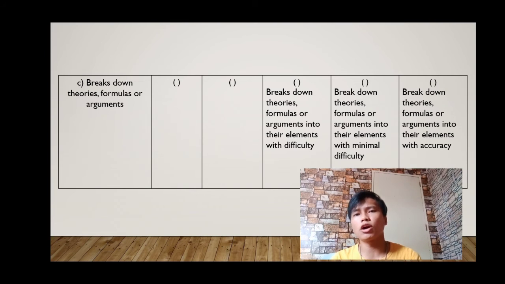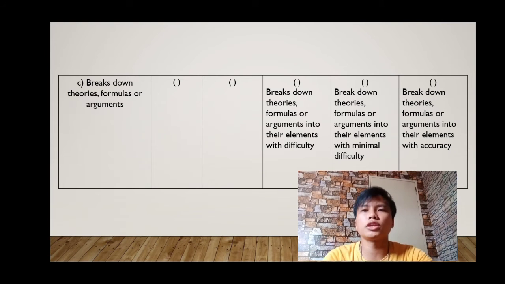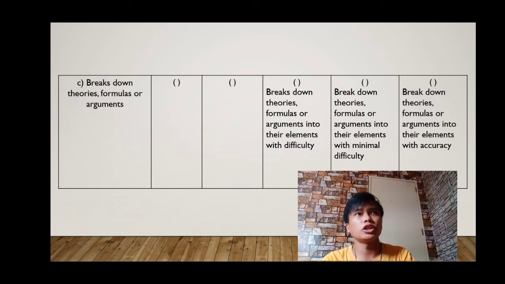So in the next category, which is the capable category, the students can break down theories, formulas, or arguments into their elements with minimal difficulty. An example of this category is that the students can break down each of the theories, formulas, or arguments into each specific element, but they have minimal difficulty.